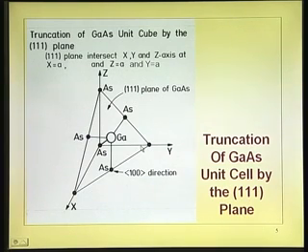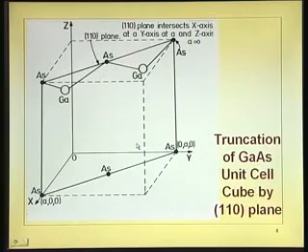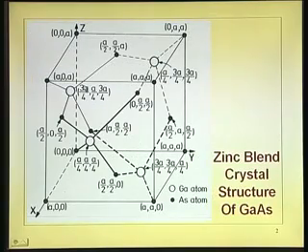Okay. Now, what we would like to see is, go back to this original diagram. See, the 1 1 1 plane is drawn from there along this diagonal here. So, along the diagonal on that plane, what are the atoms which are present? Arsenic, arsenic, this is inside, arsenic, arsenic.